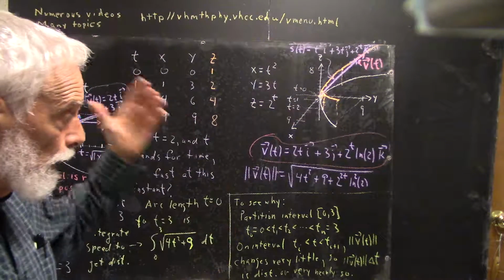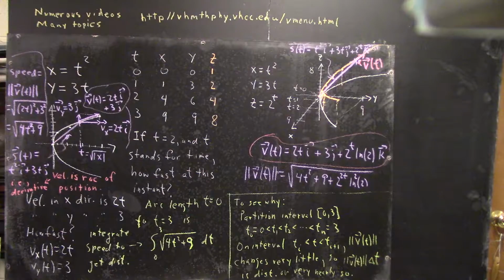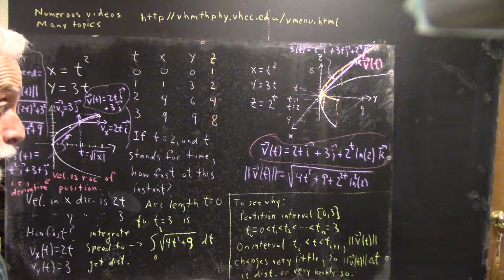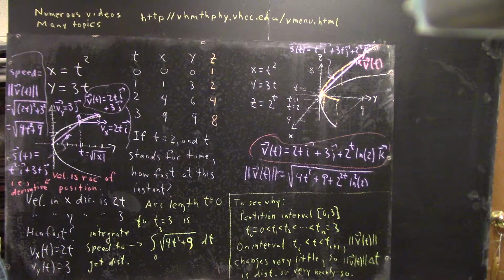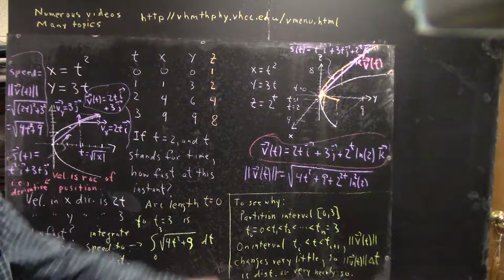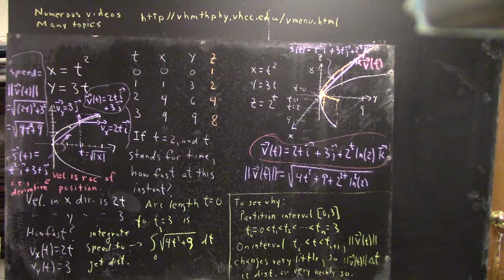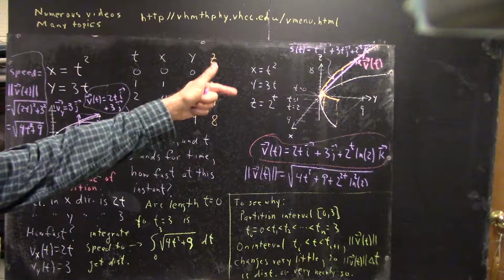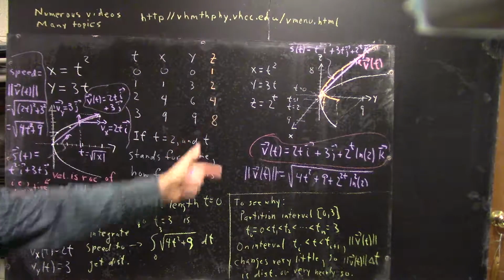So you really want to have your rules of derivatives firmly in grasp before we go very far at all in this course. They're going to come up very early. Okay, anyhow, there we are. And I hope that gives you some idea of where we might be going and why we want to talk about parametric equations and vector functions.